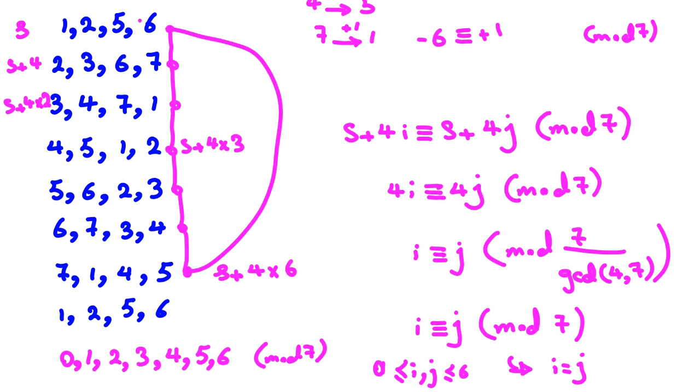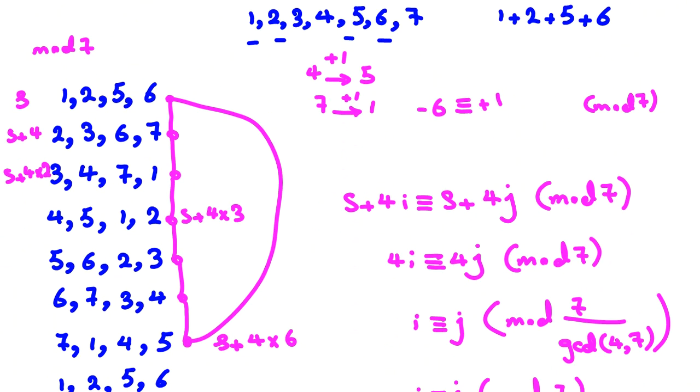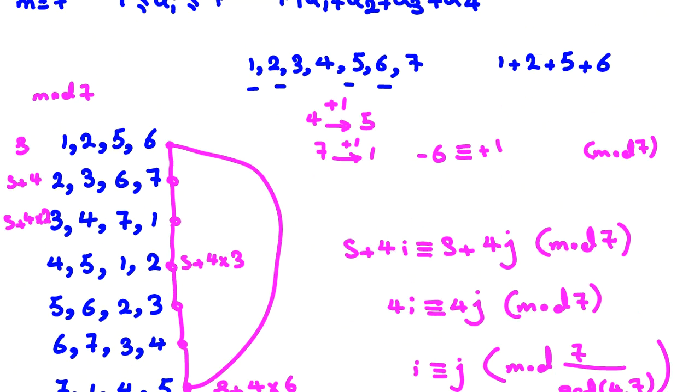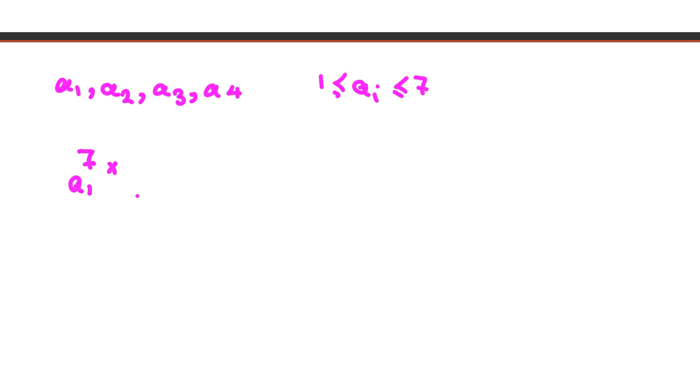Okay? So now let's consider this cyclic addition, and we want to solve the problem for 7. So 1 to 7. How many cases are there? A1, A2, A3, A4 are from 1 to 7. So A1 has 7 cases, they are distinct.